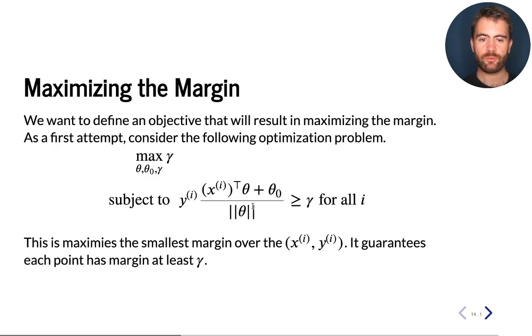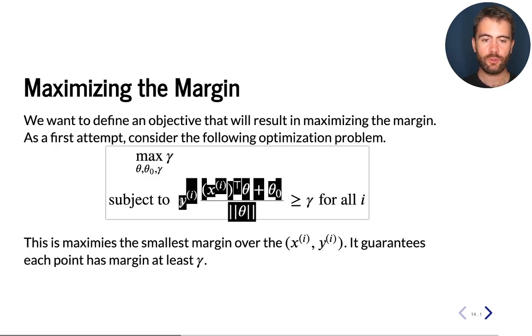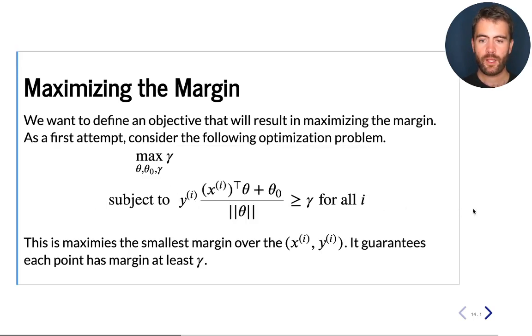So recall that we have defined a margin for a particular data point xi as follows using this formula. And now we are placing this constraint that all the margins must be at least gamma, or the smallest margin has to be at least gamma. And we are optimizing over both theta, theta naught, and gamma such that gamma is maximized.